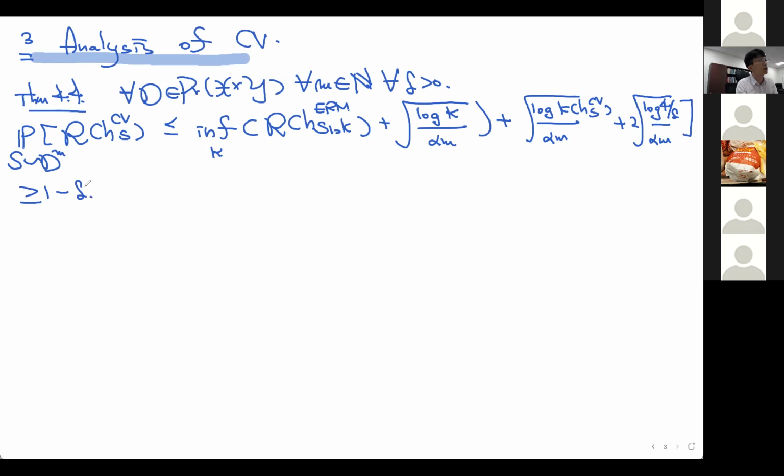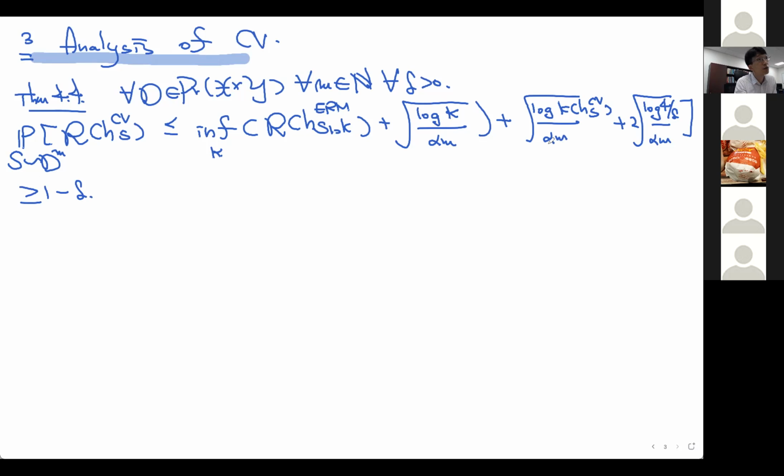Minus delta. And then if you combine this result with what we proved about ERM, you can refine the result a bit into something better. Now, what's important about this? One important bit is the guarantee that we can obtain here.